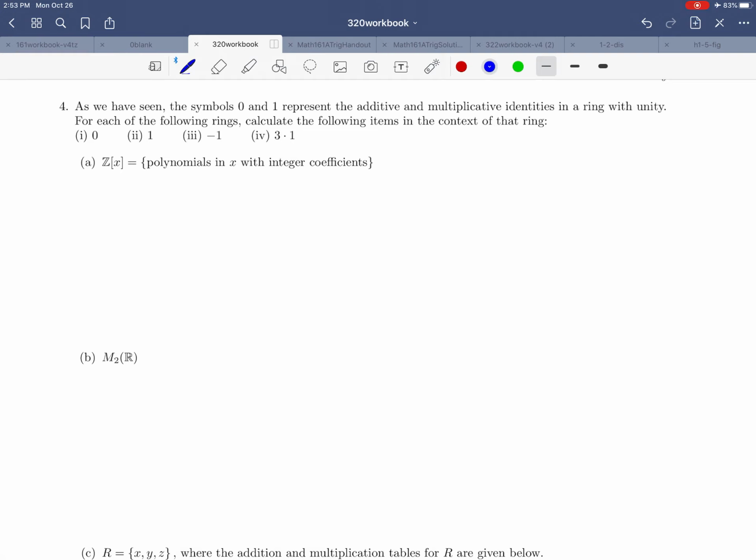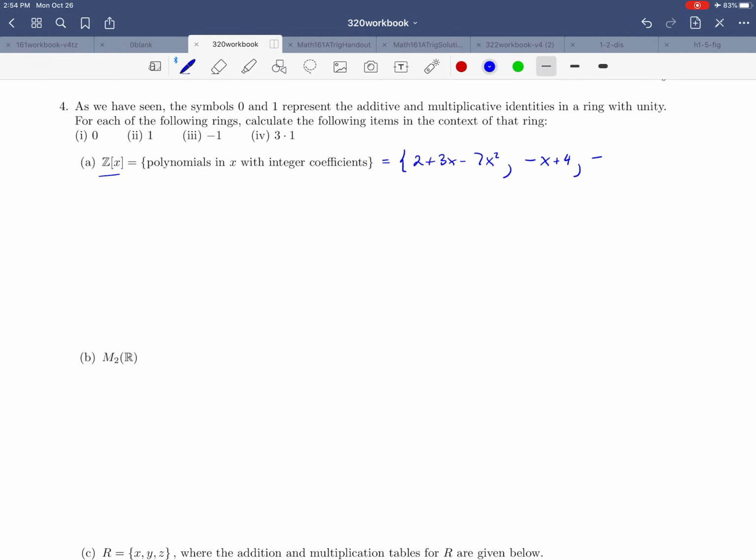So our first example is going to be polynomials with integer coefficients. So let's look at a few examples of things that are in this ring. 2 plus 3x minus 7x squared, for example, is in that ring. Or minus x plus 4 is in that ring.